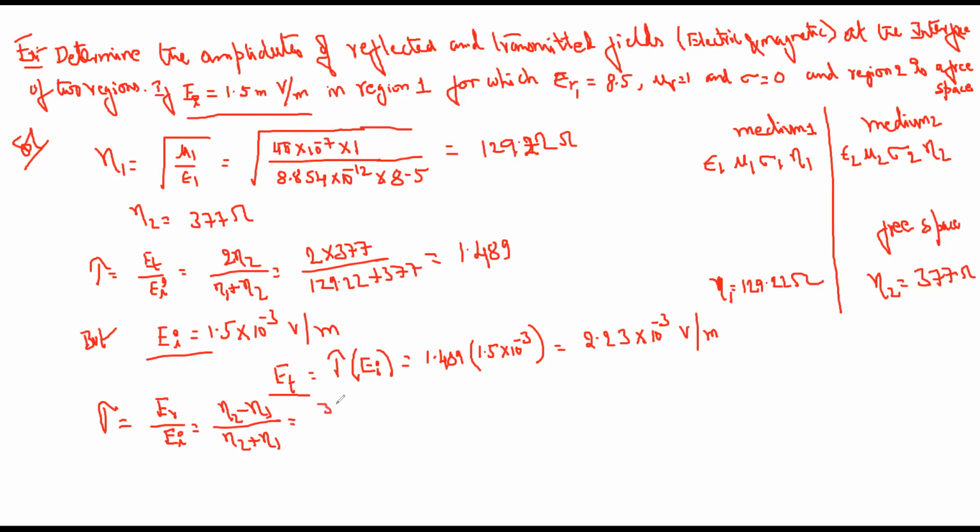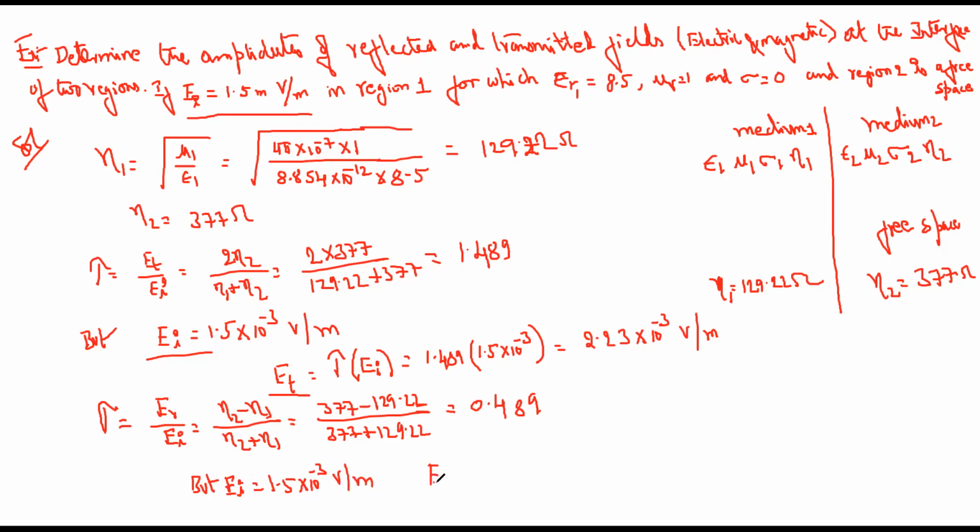What is eta 2? 377 minus 129.22 divided by 377 plus 129.22. So 377 is a positive value, and you'll get the reflection coefficient as positive, 0.489. But what is the EI given? EI is equal to 1.5 into 10 to the power of minus 3 volts per meter.